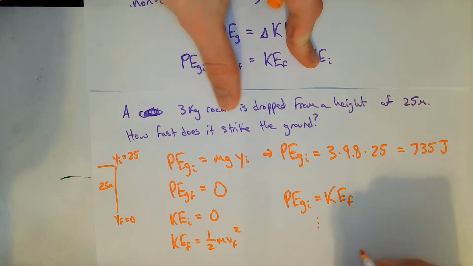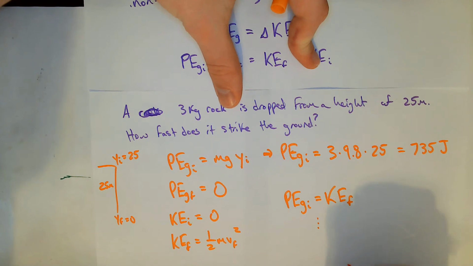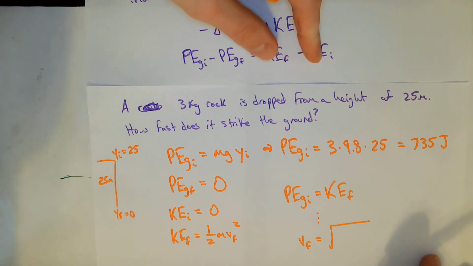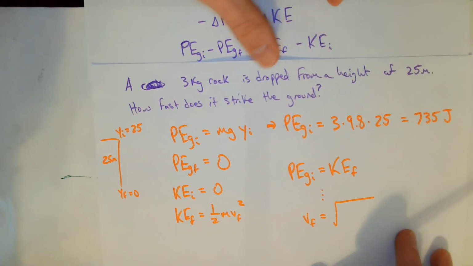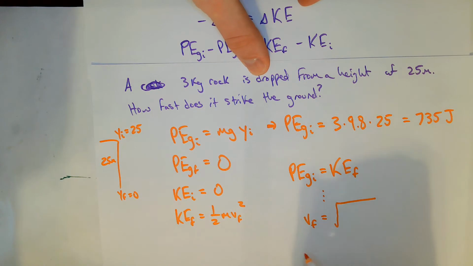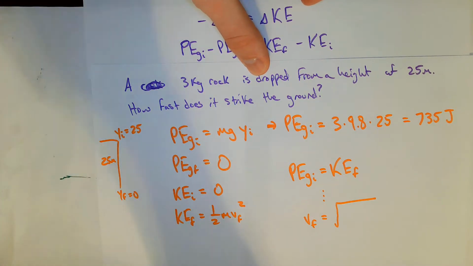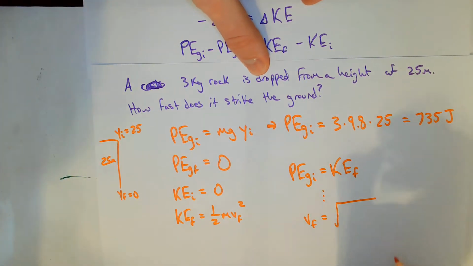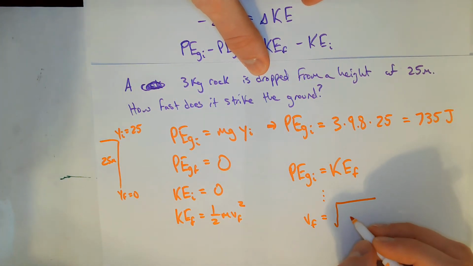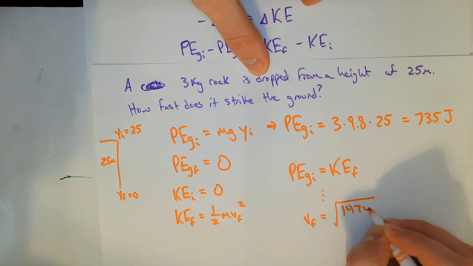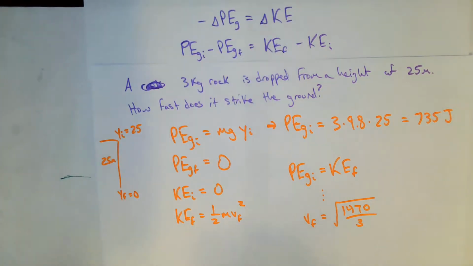V final will equal, I think the algebra is not going to be an issue, so twice of 735 is 1470, divided by the mass of 3, so 1470 over 3 under a square root.